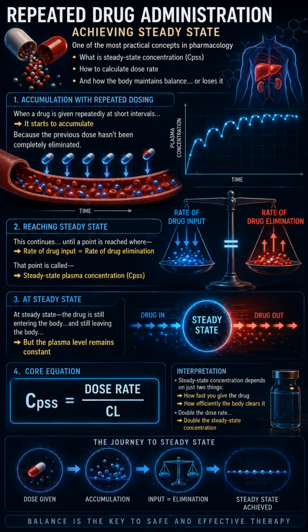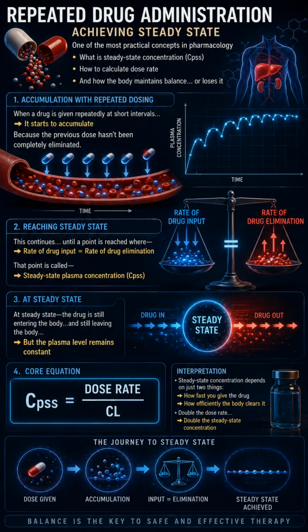repeated drug administration. So here we will understand what is steady state plasma concentration, Cpss, how to calculate the dose rate, and how the body maintains the balance or loses it.